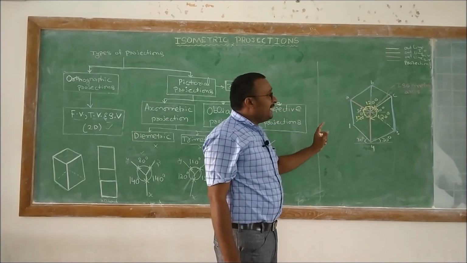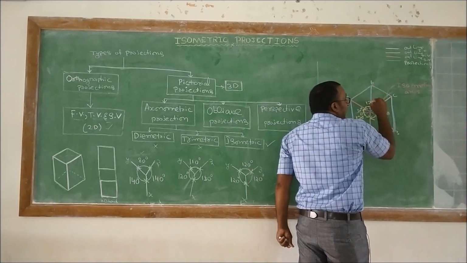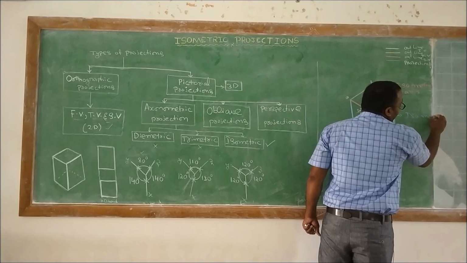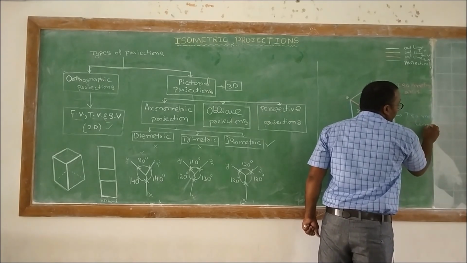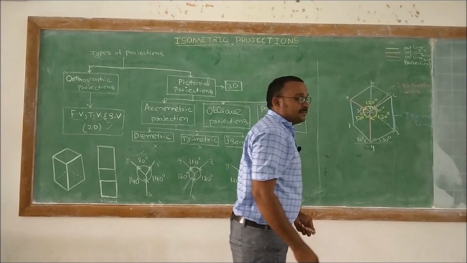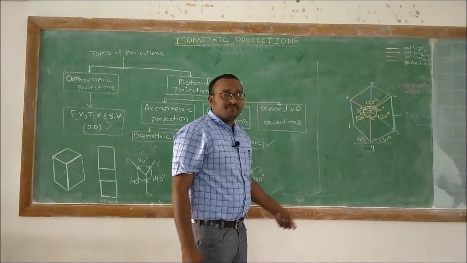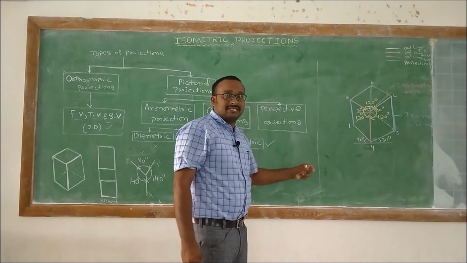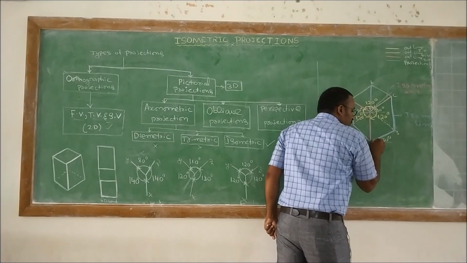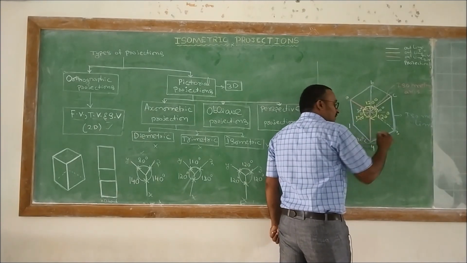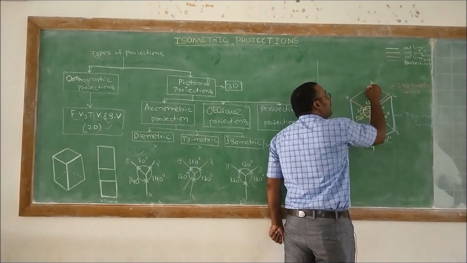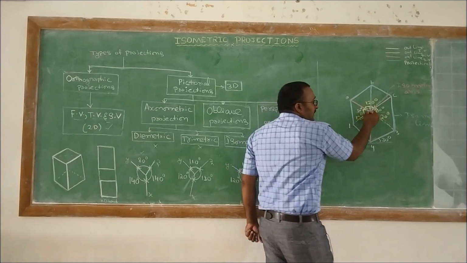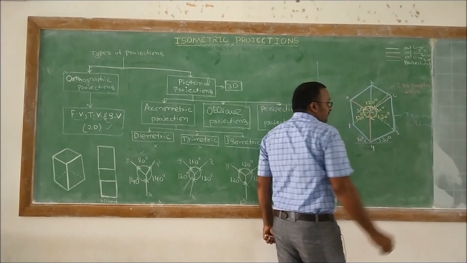That's why we call them isometric lines. So isometric lines are nothing but the lines which are parallel to the isometric axes, right? Here 3, 4 is an isometric line, 1, 4 is an isometric line, AB is an isometric line, BC is an isometric line, right? These are all the isometric lines.